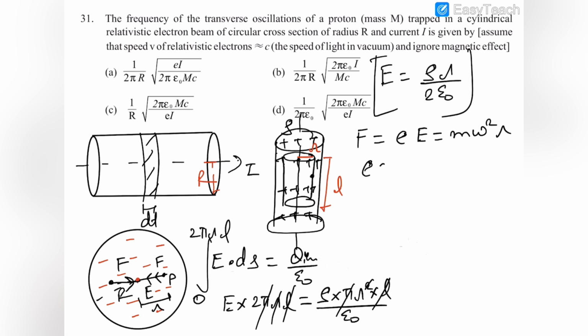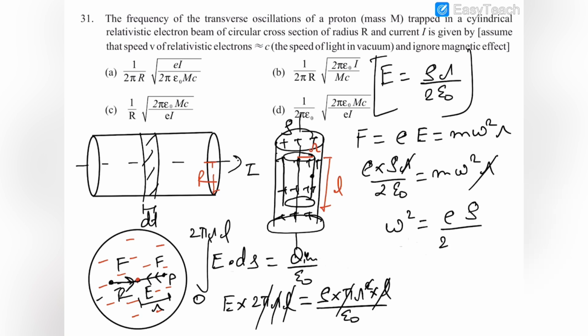So e into rho r by 2 epsilon naught is equal to m omega square r, cancelling r with r. So you can see that omega square is equal to e rho by 2 epsilon naught m, and omega will be the square root of that. Now let us see what rho is.